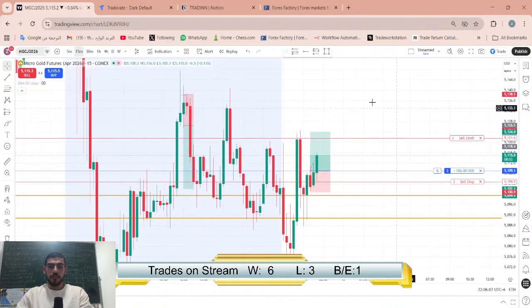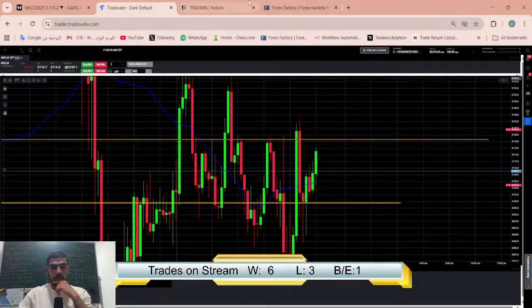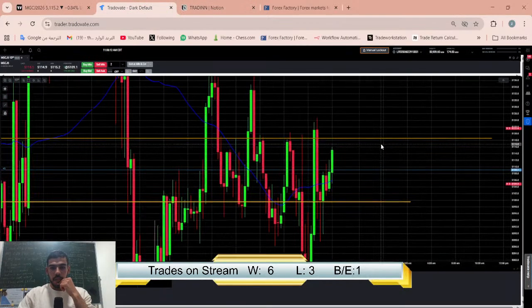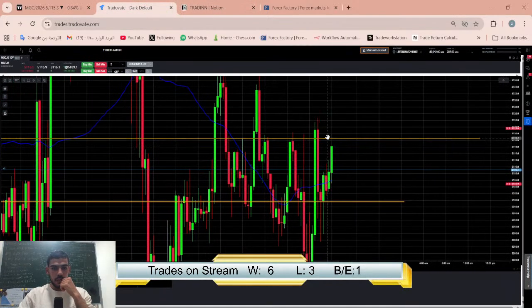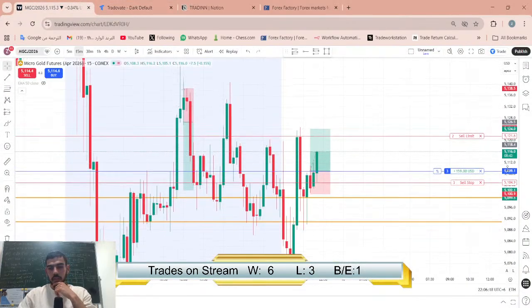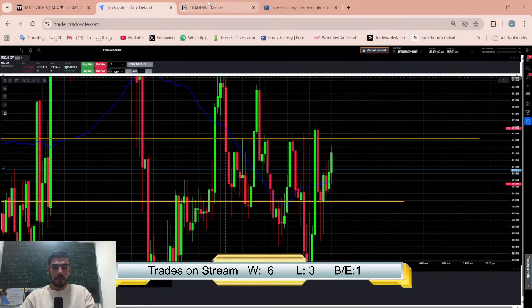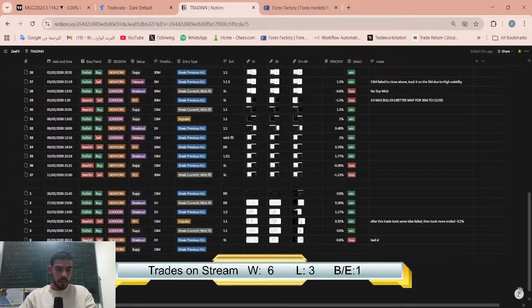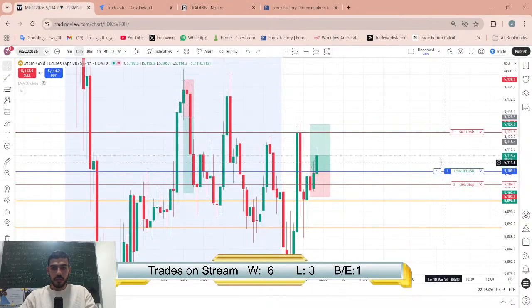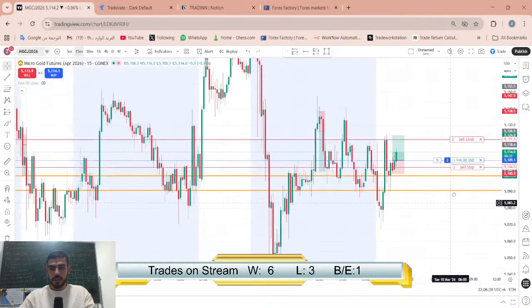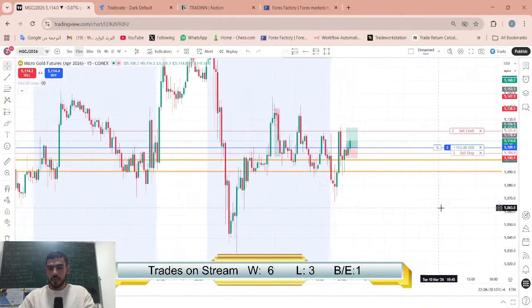Come on, gold. Yep, till this line right about here, I think. I'm just going to wait for it and maybe journal this while it's running.